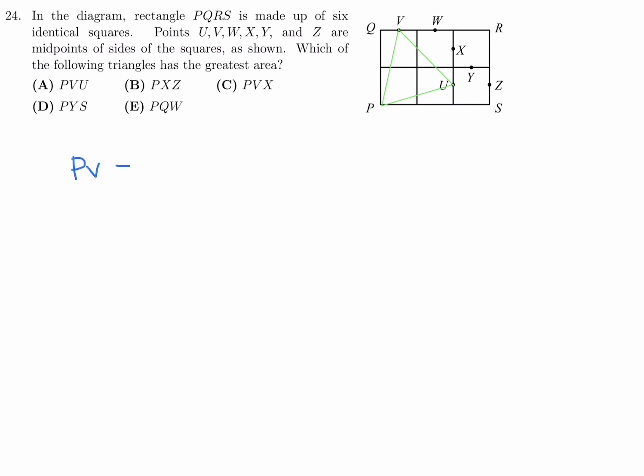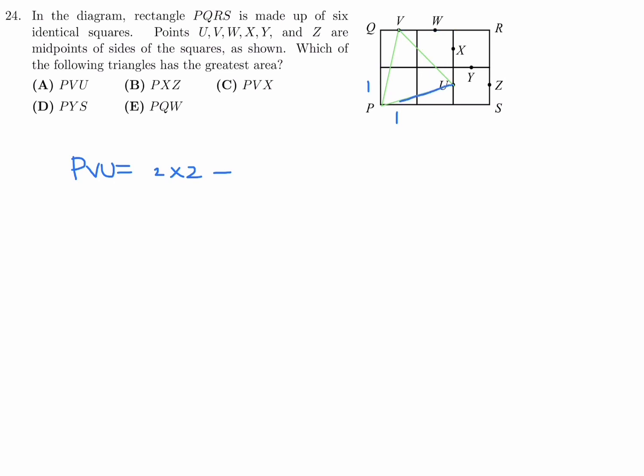So PVU. It's going to be the area of the full square, actually, which is 2 times 2. If I let each of those be 1 in length, I've got to give it something, right? So I call them 1. And then I've got to subtract triangles. I've got to subtract this guy. I've got to subtract this guy.